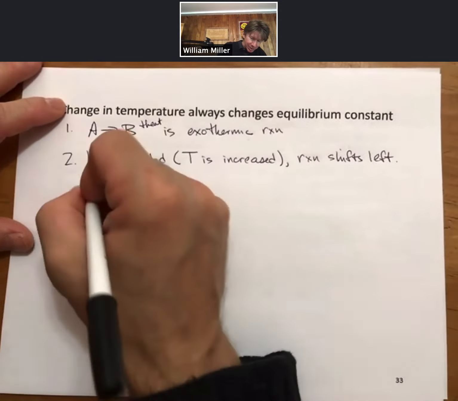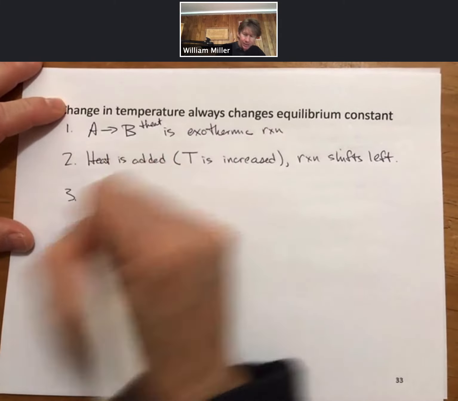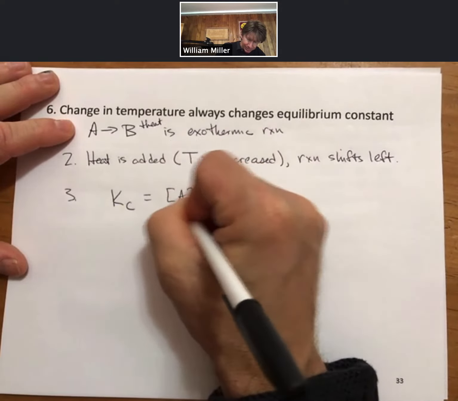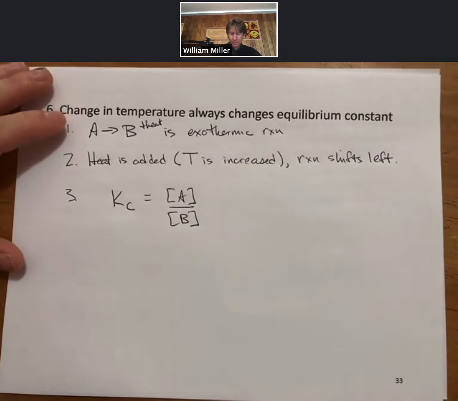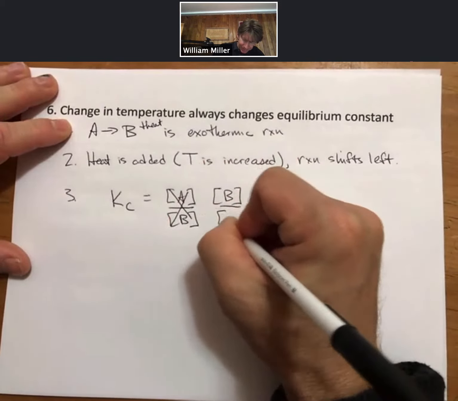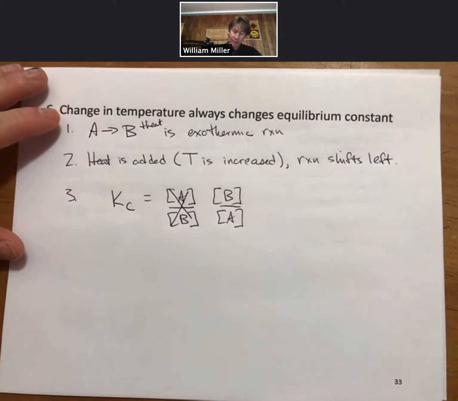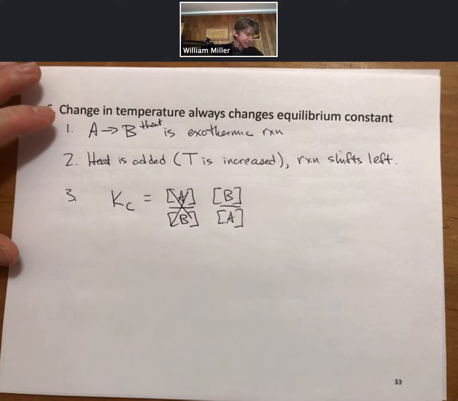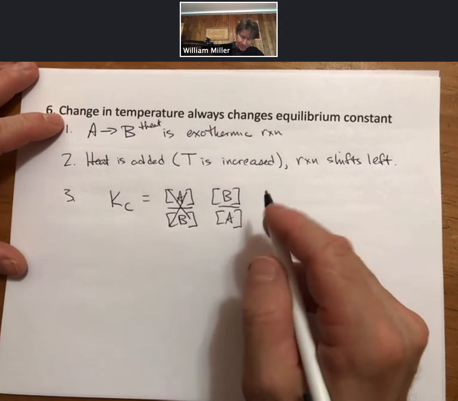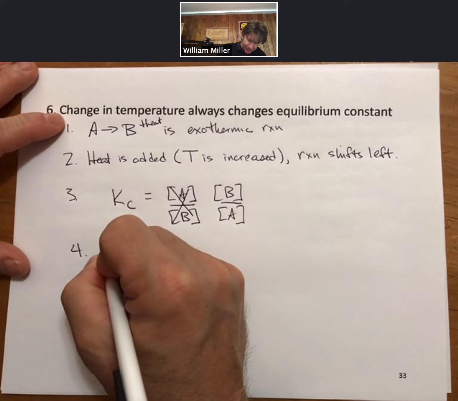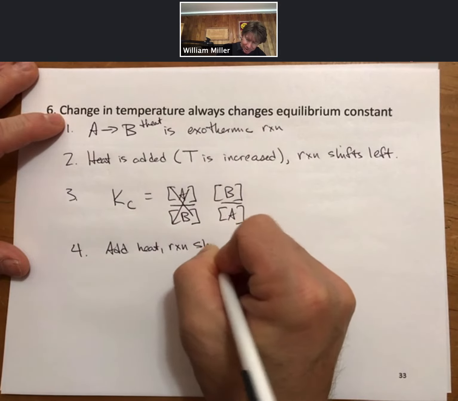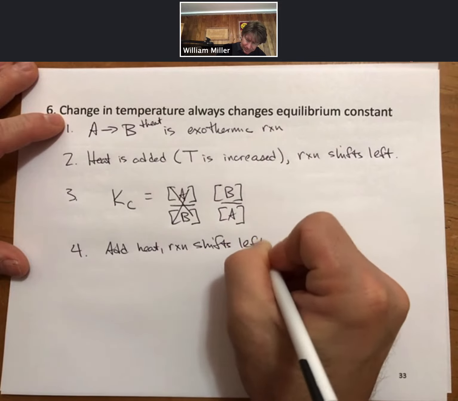And if we now write our equilibrium constant for this process, products over reactants. So we're at equilibrium, and then we add heat, and the reaction shifts left.